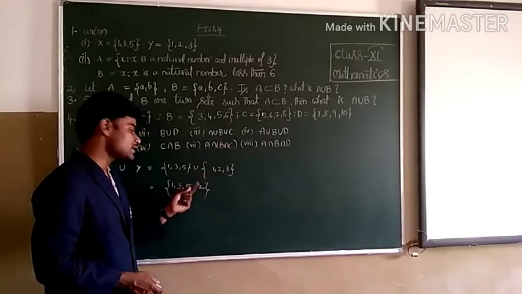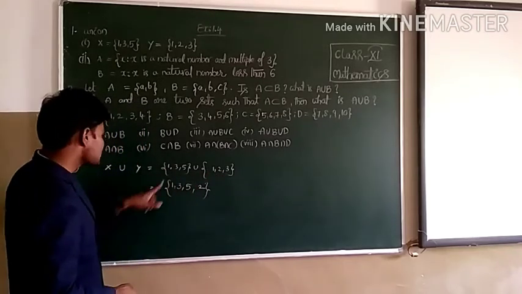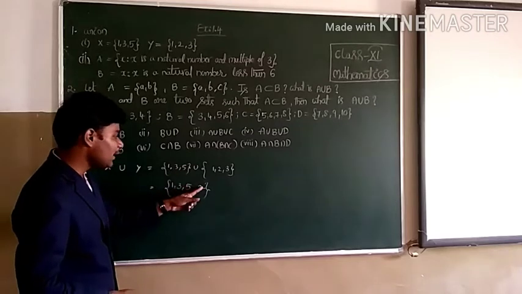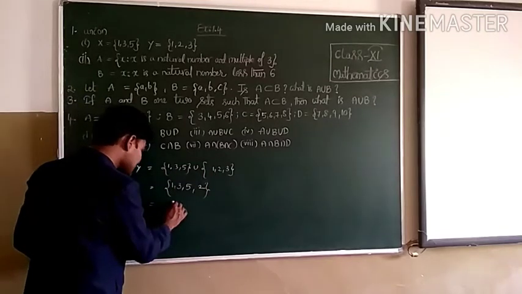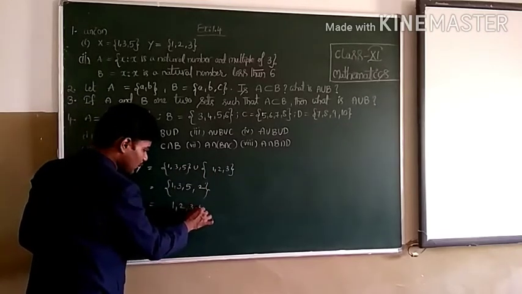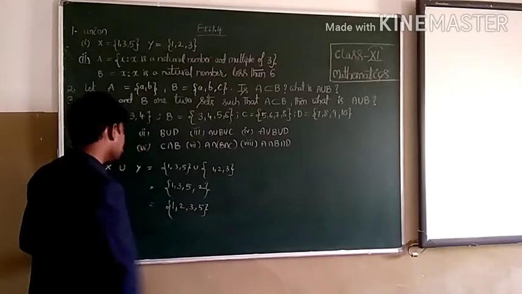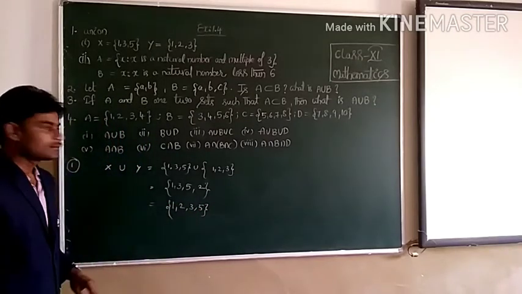You need to consider them only once. That's why 1, 3, 5 and 2. You can write this in order: 1, 2, 3 and 5. This is the union of X and Y.